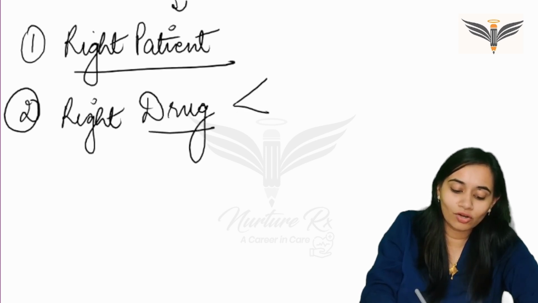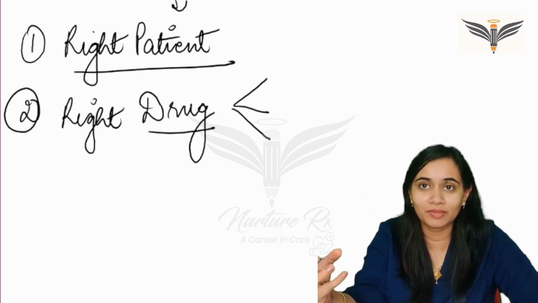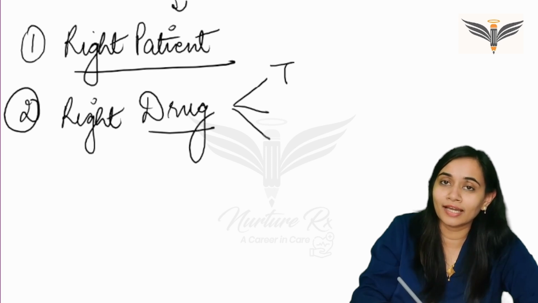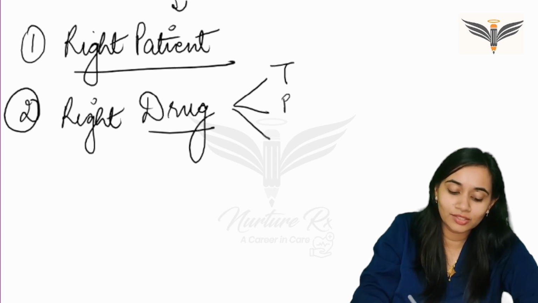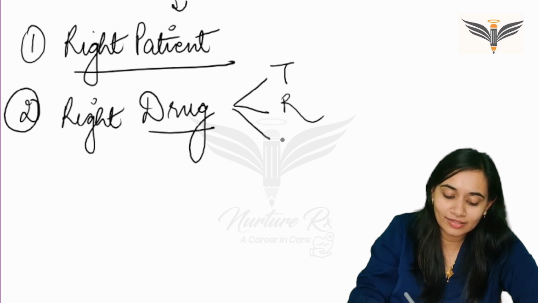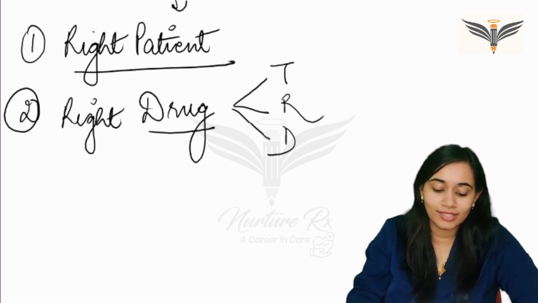What comes along with the drug? Once you know which drug has to be administered to the patient, what is the next thing? You need to know the time, the route of administration, and the third thing, the dose of administration.